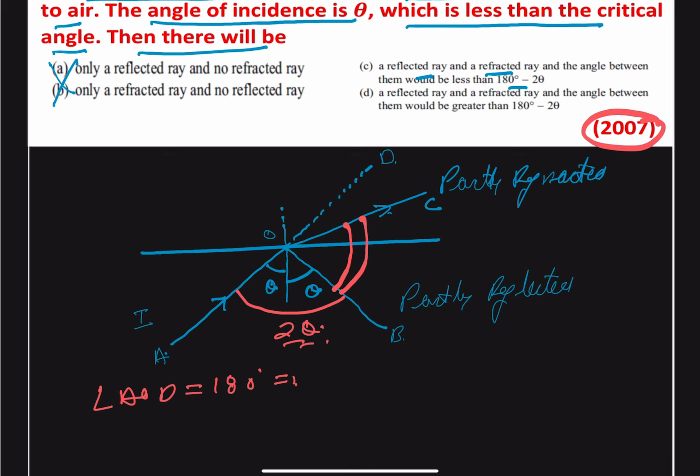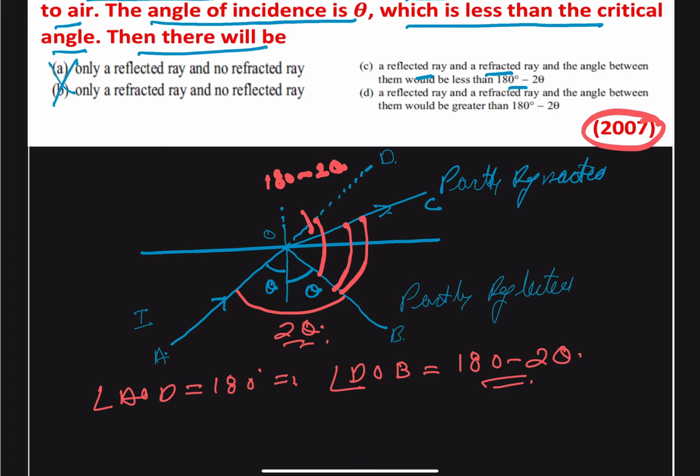So this entire angle will be 180 minus 2 theta. Obviously the angle between the partially refracted and reflected rays will be less than 180 minus 2 theta. So we have this angle DOB equal to 180 minus 2 theta.